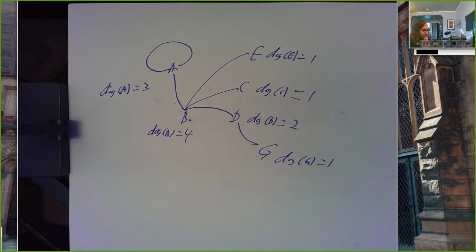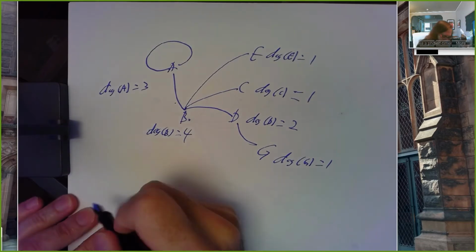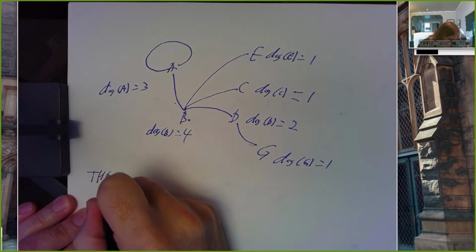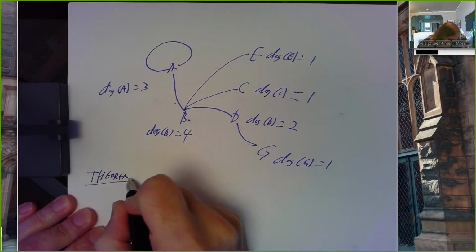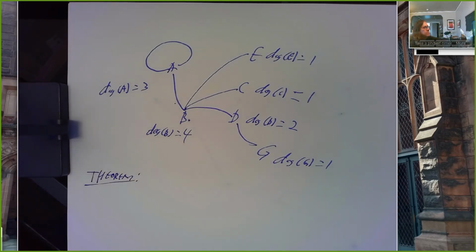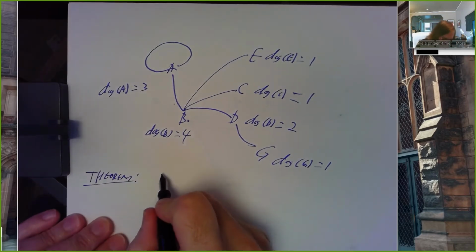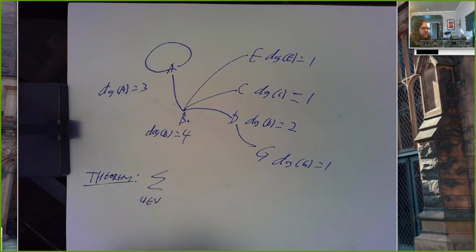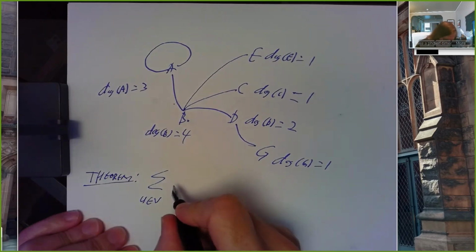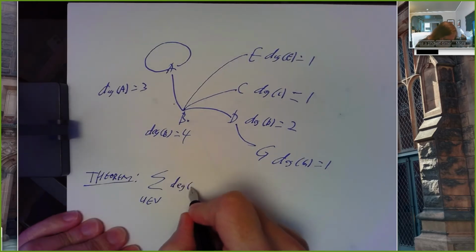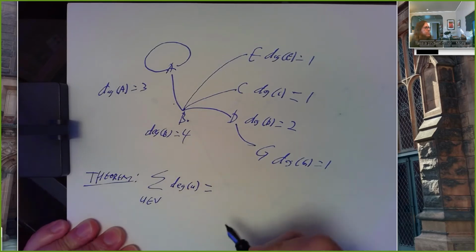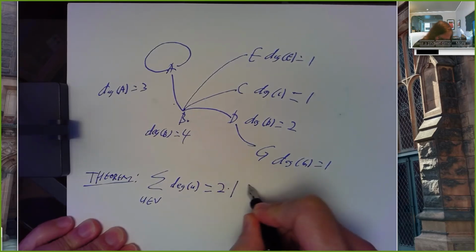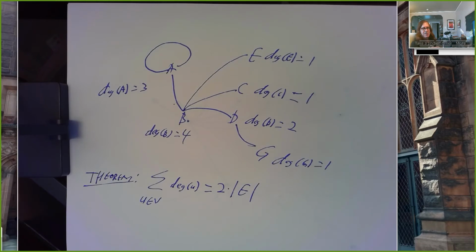All right, so we can find the degree of each vertex. So here's a theorem. If we sum up over all of the vertices in V, the degree of each vertex, we get twice the cardinality of the set of edges.